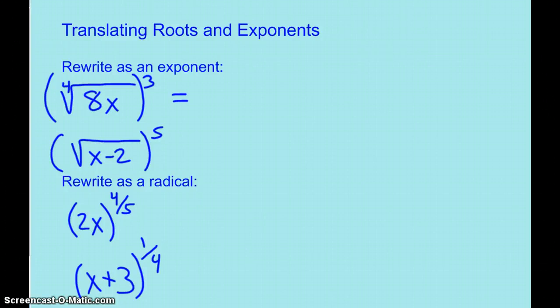Based on what we just talked about, you can write a fractional exponent such that the root goes on bottom, the power goes on top. So that's how we translate from radical form into exponent form using rational exponents. The value we're taking, 8x, doesn't change. We're taking the fourth root of it to the third power. The root goes on bottom. The power goes on top.